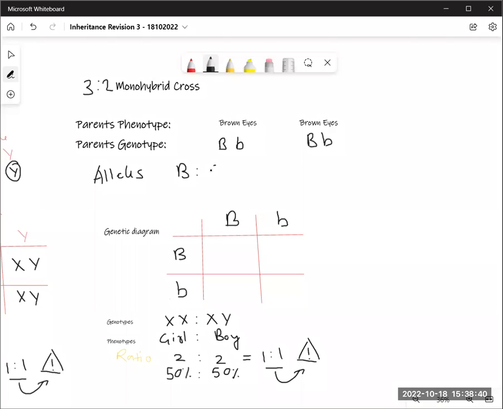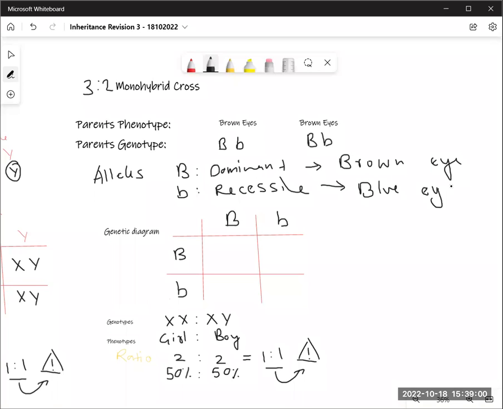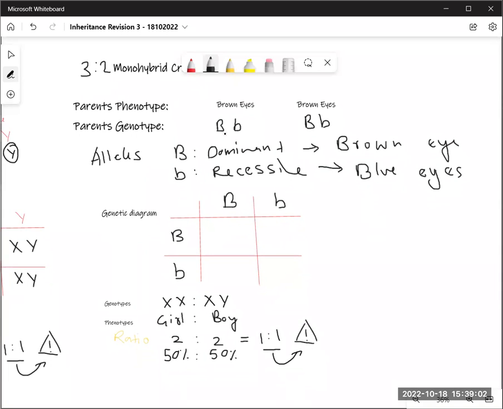B is going to be dominant, and it also means brown eyes. The other one, small b, is recessive, and it means blue eyes.